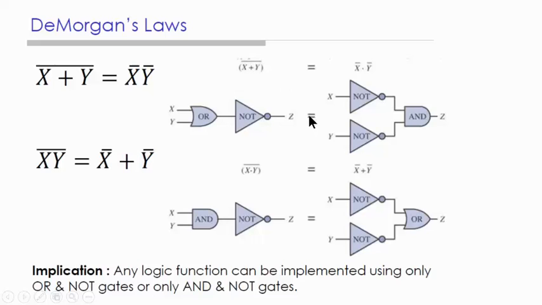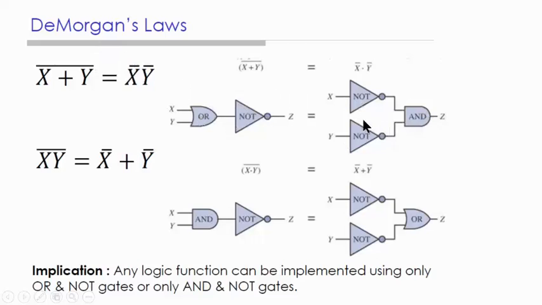According to DeMorgan's laws, this whole logic circuit is equivalent to this. You need the product of the complements, the inversions. So first you invert x and y using NOT gates, and then you multiply them using an AND gate. And this is equivalent to that according to DeMorgan's law.